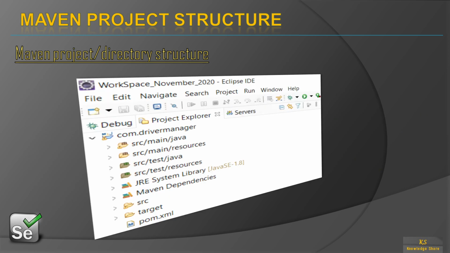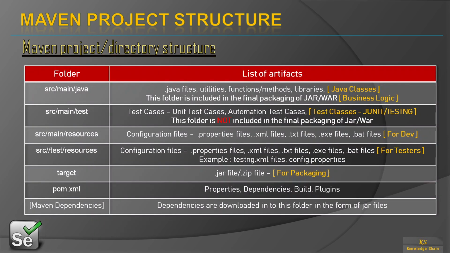Now coming back to the complete picture of the structure, you have to learn this table very perfectly, because it is going to help you a lot whenever you attend interviews on the Maven project structure or directory structure. First is src/main/java. It contains all Java files related to the development, such as utilities, functions, methods, and any libraries created by developers.